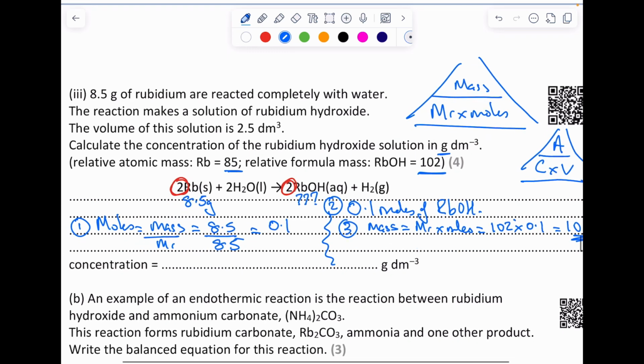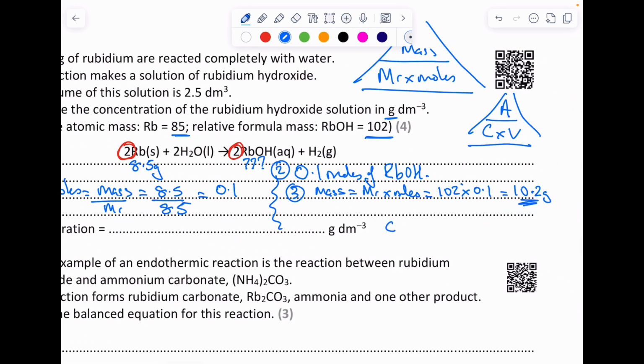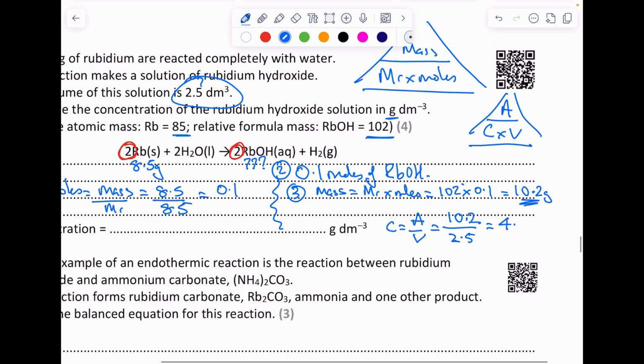And what I'm trying to find here, it says, is calculate the concentration. So the concentration is the amount divided by volume. The amount is 10.2 divided by the volume is 2.5, and that's already in decimeters cubed, so I'm okay just to use that. Divided by 2.5, and that's giving me 4.08, and that's grams per decimeter cubed.